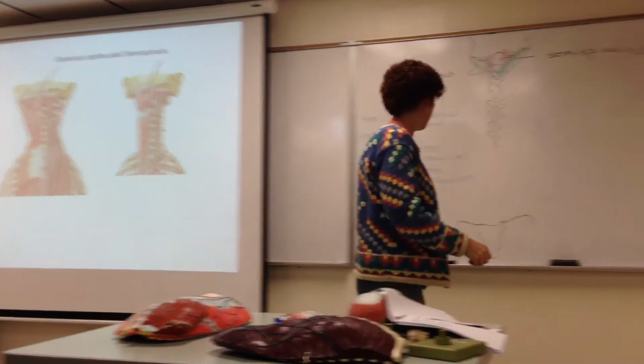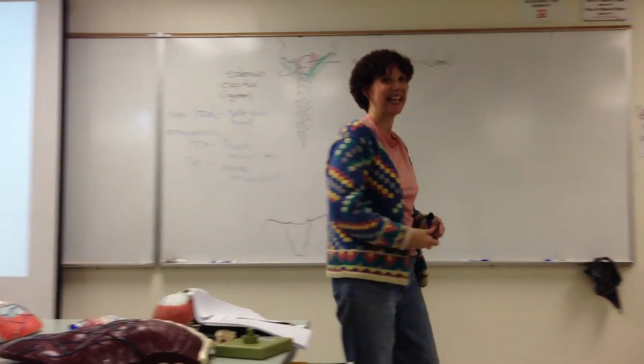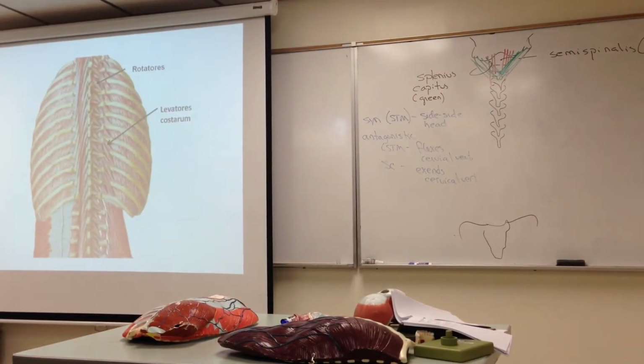Now the next set of muscles that I want to look at are the rotatores and the levatores costarum. And these are these muscles here. I actually brought in this guy, so which of these torsos would you say has oxidative muscle fibers and which one has glycolytic muscle fibers?